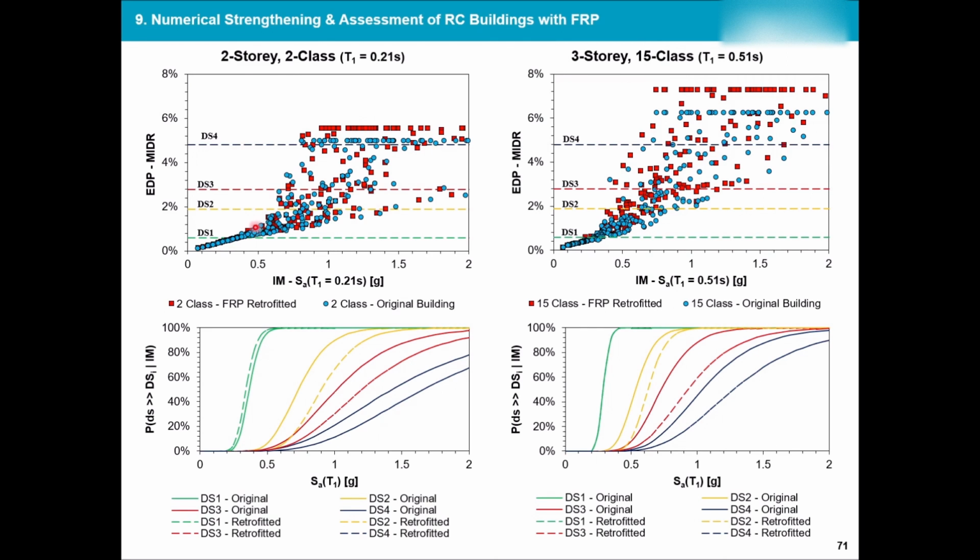So each of these, I think, is 1,000 earthquakes with different scalings that have been applied, and out of those, fragility curves will be developed. Looking at the fragility curves as well, clearly the FRP ones have shifted the performance of the structure in a better way. So if before the building had a 50% chance of failure at an earthquake of 1G, now it has a 50% chance of failure at an earthquake of, let's say, 1.3 or 1.4G, which is much better.